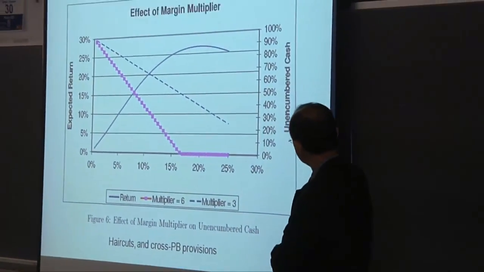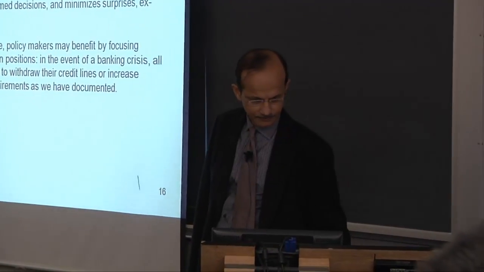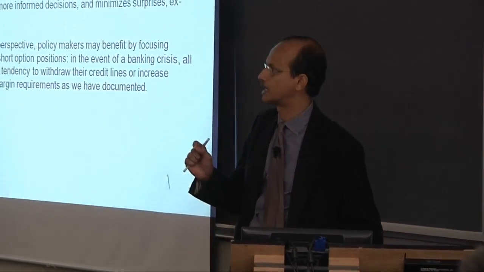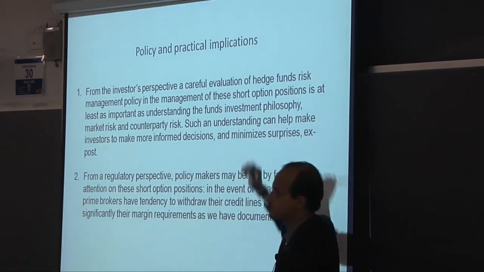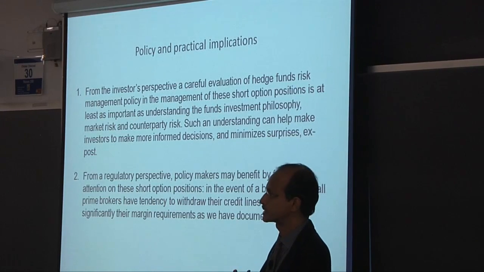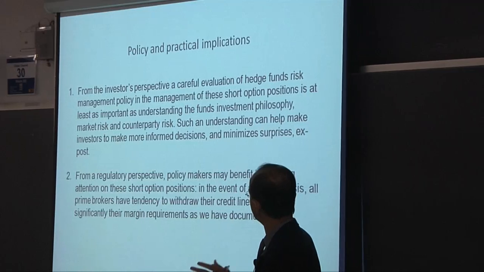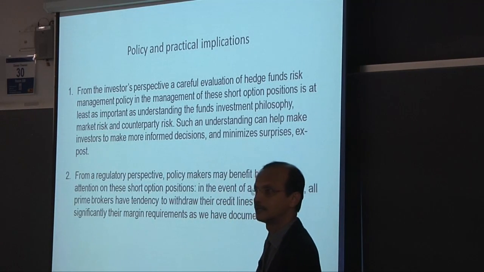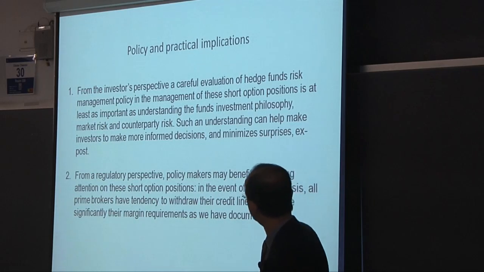I'm running out of time, so let me just make a couple of very quick points. One of the implications of the paper is that from the investor's perspective, as important as it is to judge the portfolio style and the risk management capabilities of the hedge fund manager, it is just as important to understand the relationship that the fund has with prime brokers and their investors.